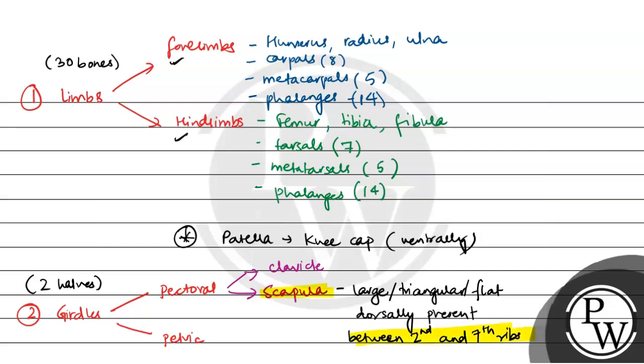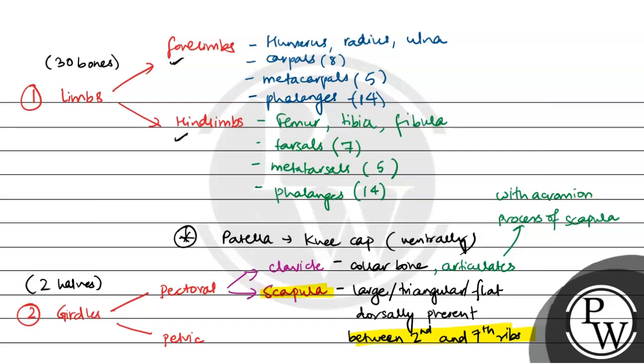On the other hand, जो clavicle होता है, it is also known as the collarbone. It basically articulates with the acromion process of the scapula.